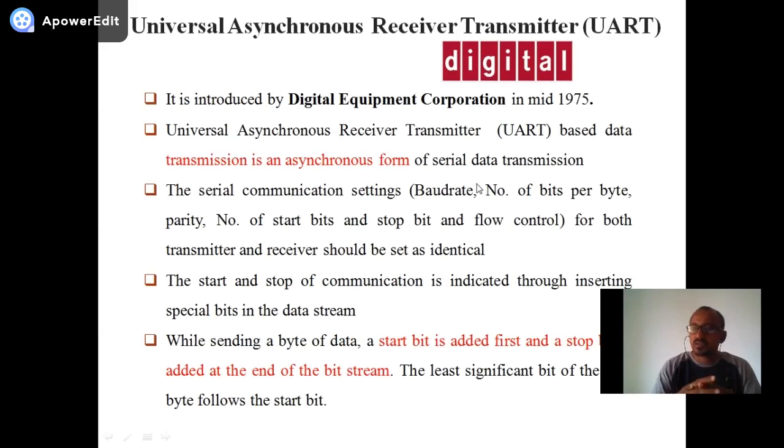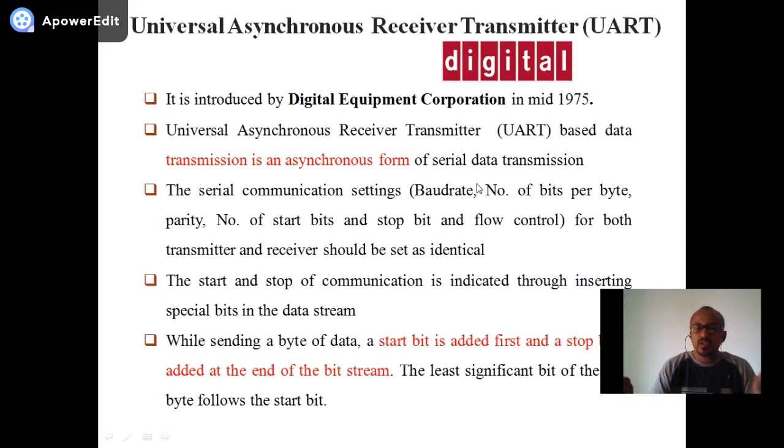It is an asynchronous type of protocol, and both the transmitter and receiver should be set identically in baud rate, start bit, stop bit, flow control and parity bit.